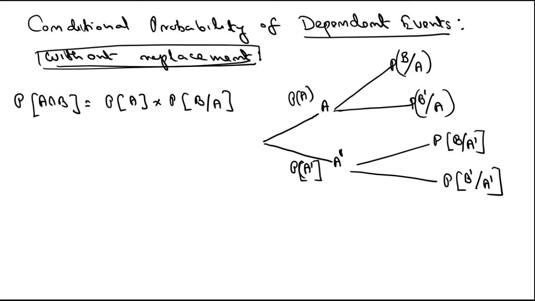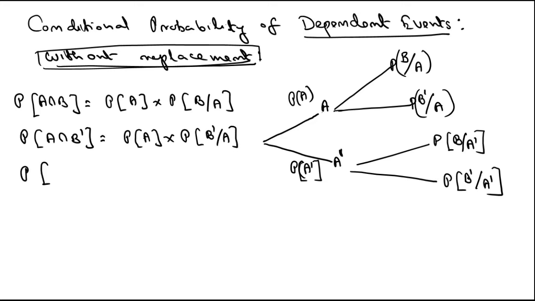Probability of A intersection B complement equals probability of A into probability of B complement given A. Third, A complement intersection B is probability of A complement into probability of B given A complement.